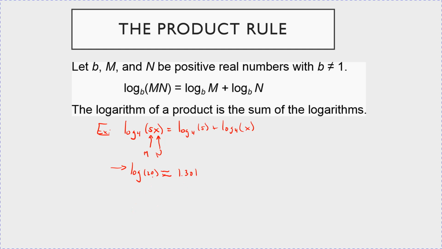Would you agree that 20 is the same thing as 5 times 4? Absolutely it is. So I'm just going to break this up. Log of 20, which is log of 5 times 4, is the same thing as log of 5 plus log of 4. Now check this out in your calculator. Watch what this is roughly equal to.